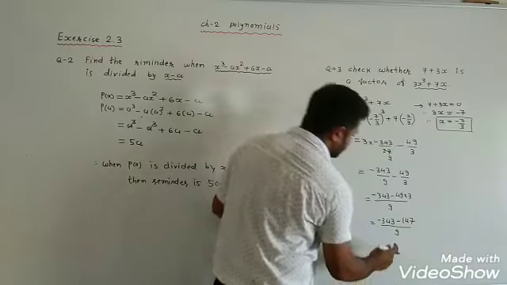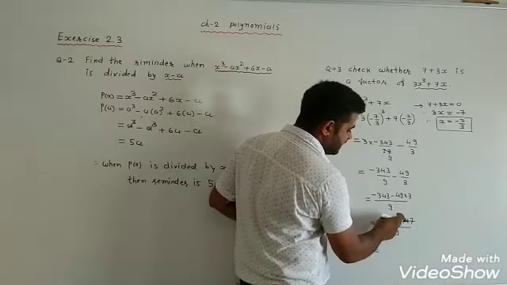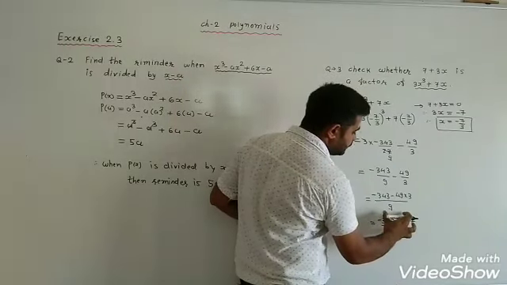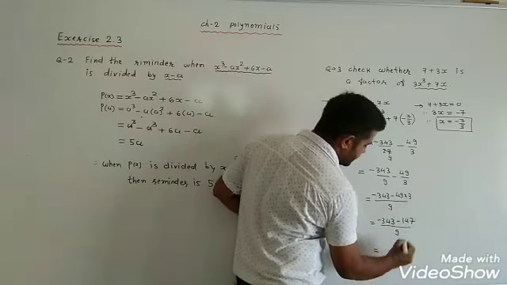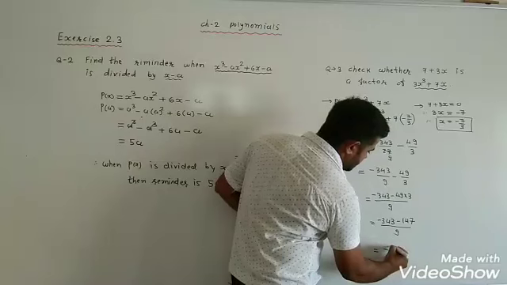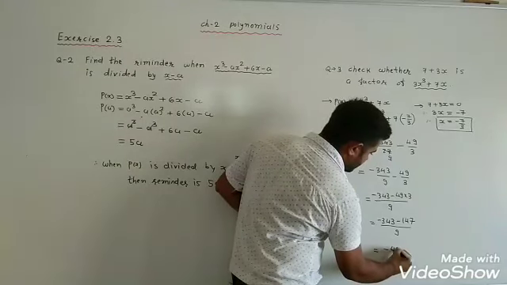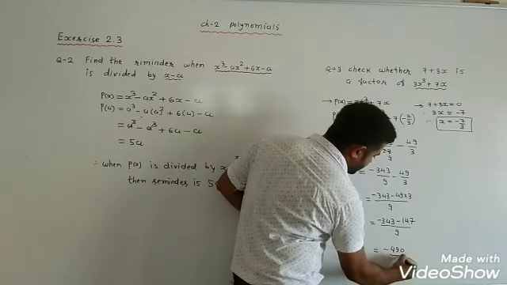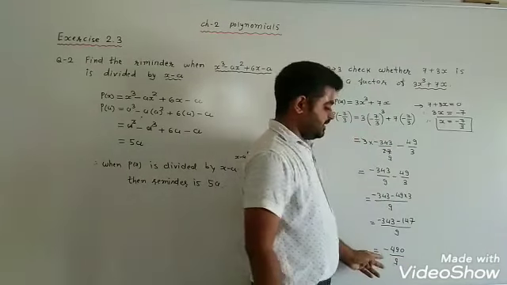Here the sign is negative and here the sign is negative, so we have to add these both. The addition is 490 divided by 9.